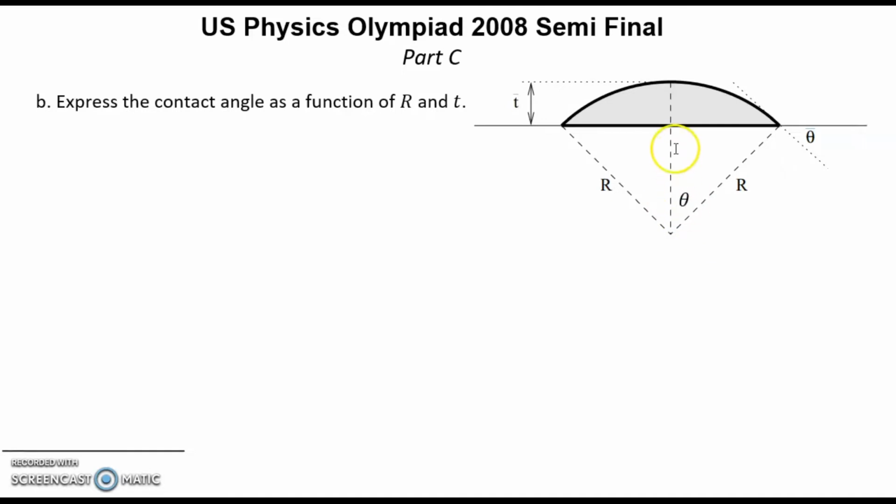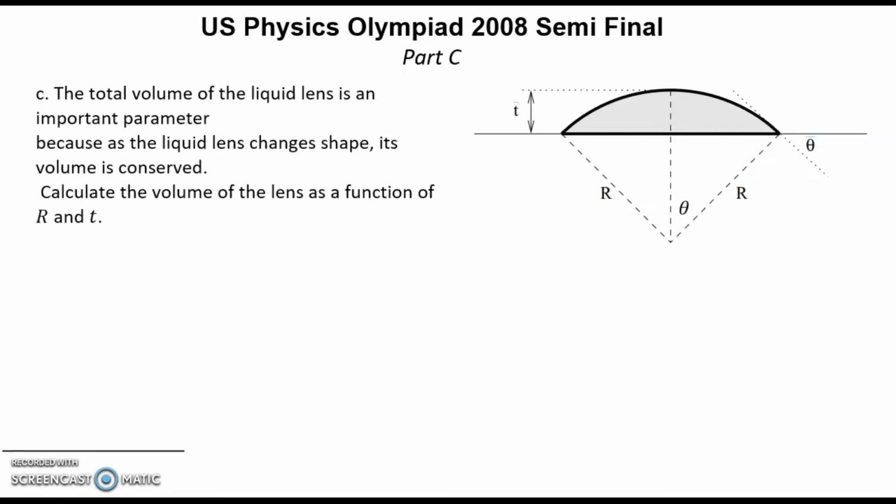And from geometry we see that this side equals r minus t, and this is the hypotenuse r. So cosine theta will be r minus t over r, or 1 minus t over r. That's the answer for part B.